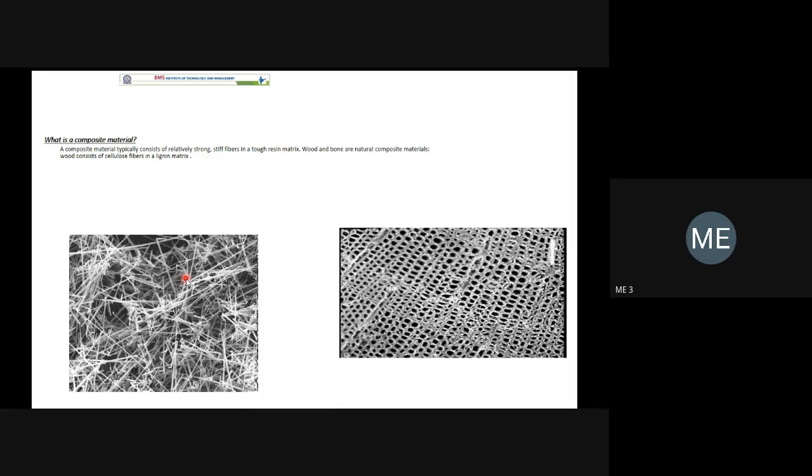These are reinforcement materials at the microscopic level. At the microscopic level, the fiber may appear like this. This is the fiber, and you have to imagine it. This is one of the important components of composite material, for example steel in reinforced concrete.